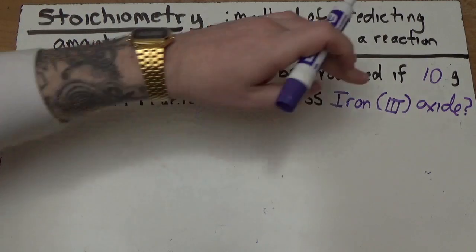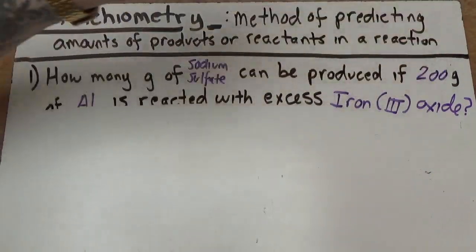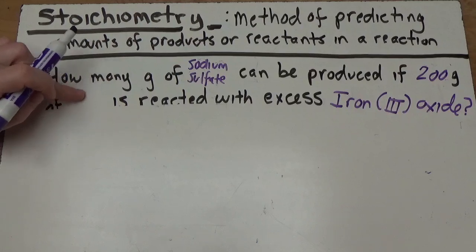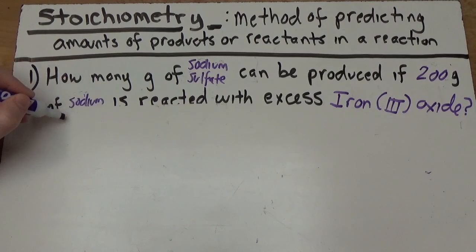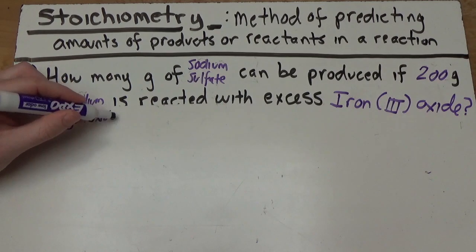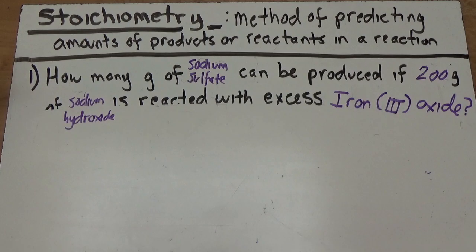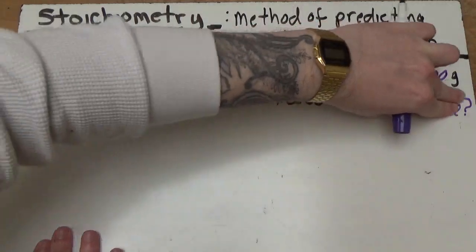If I start with 200 grams of, in this case, sodium hydroxide, with an excess of hydrogen sulfate.